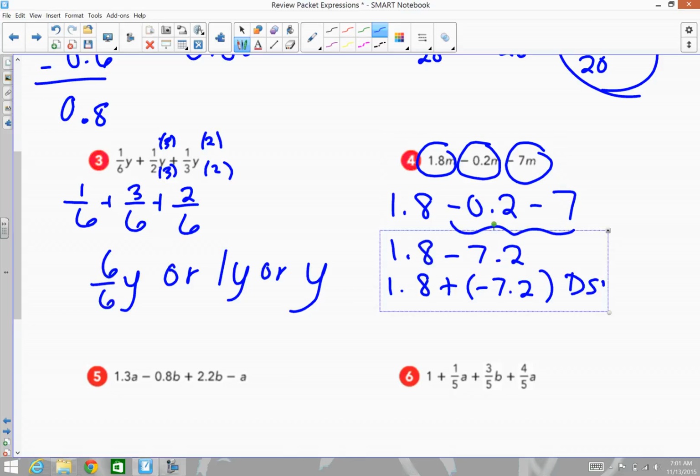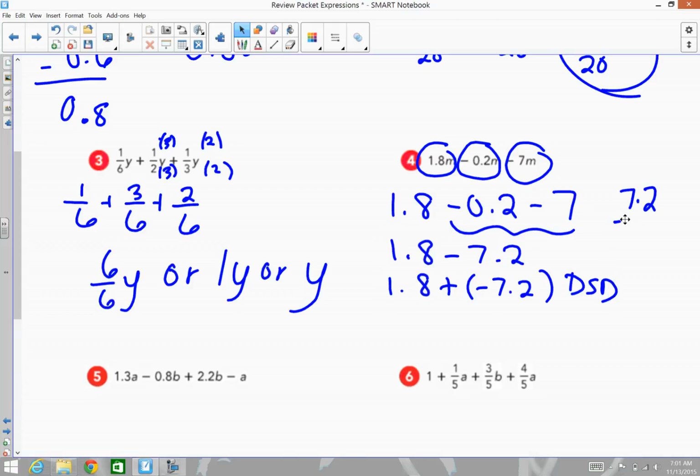That's different sign, difference. So we subtract. 7.2 minus 1.8. We need to borrow. Makes this a 6, this a 12. 12 minus 8 is 4, and 6 minus 1 is 5. Bring your decimal down. So we should be getting negative 5.4m.